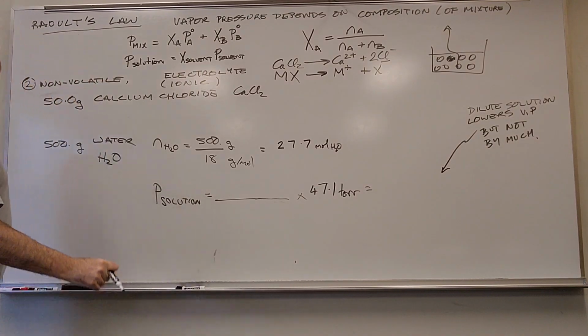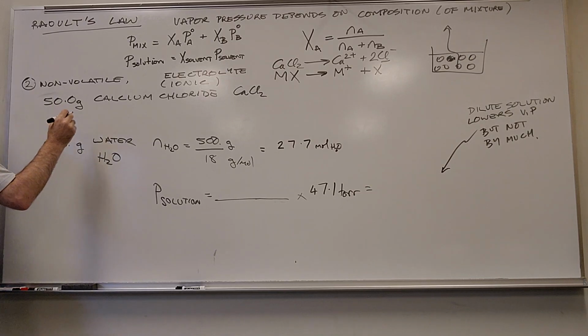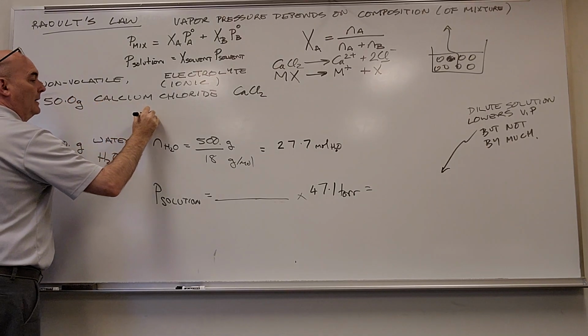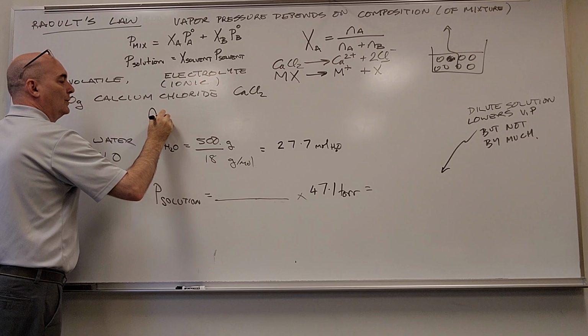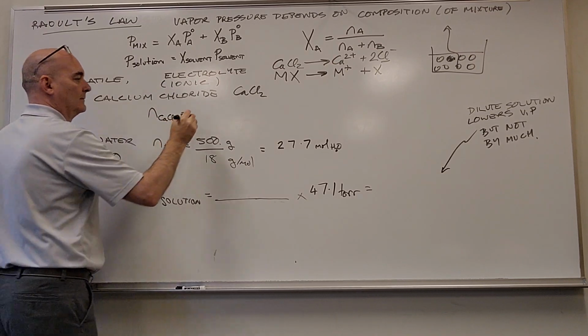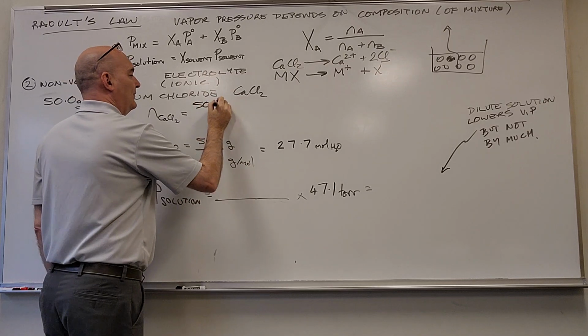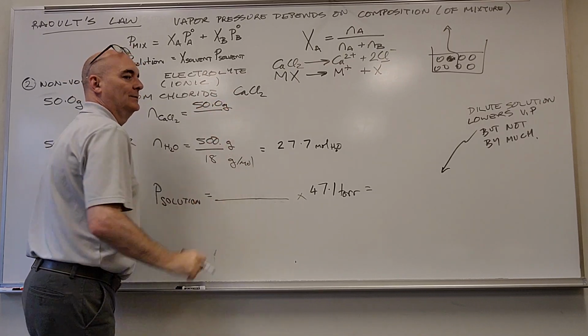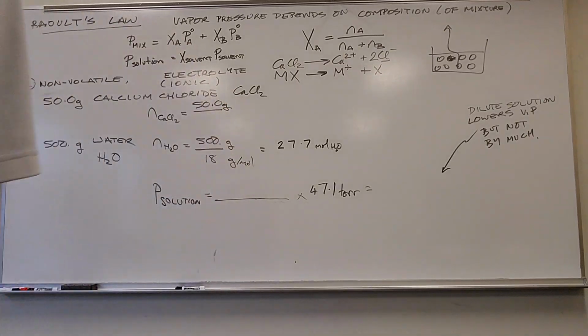Okay. 50 grams of it. The number of moles of calcium chloride is 50 over the molar mass. I don't remember. You should at some point start remembering the chlorine is 35.